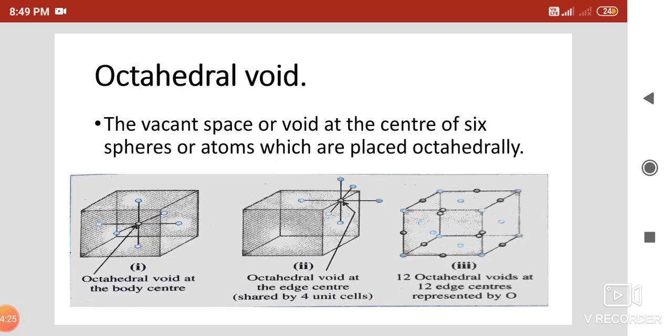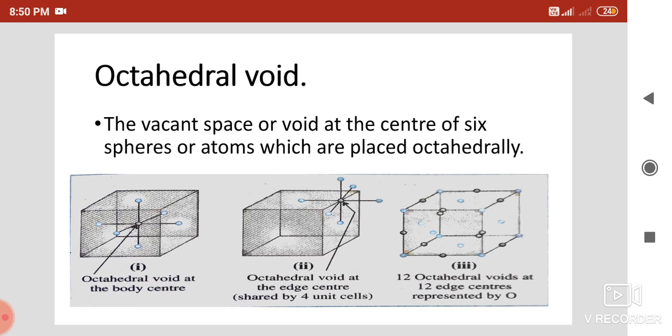Now let us start the octahedral void. You can see in the figure that in the unit cell, one octahedral void is at the center of the body of the unit cell, and one is shown at an edge of the unit cell.